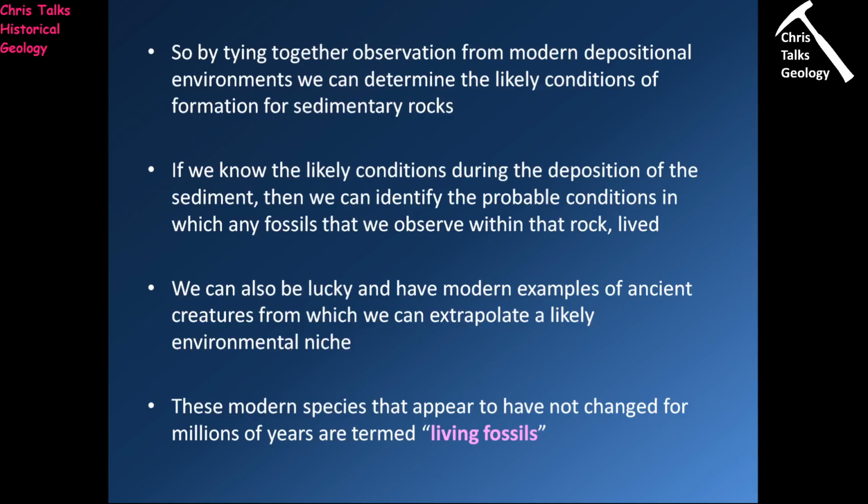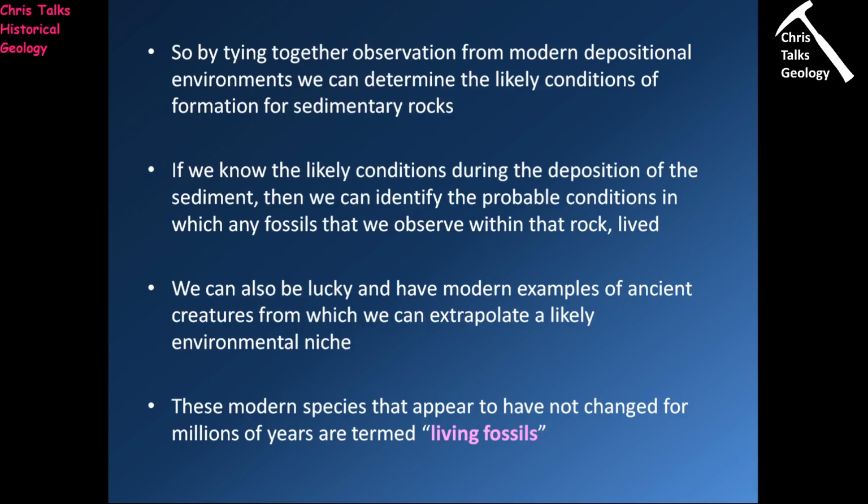The other great thing about them is that if we know the likely conditions during the deposition of the sediment, then we can identify the probable conditions in which any fossils within that rock would have lived. So once again, if we have our rock, which you've just discovered was part of a delta sequence, and we have fossils in it, we can say, right, clearly this particular animal liked to live as part of a coastal sequence associated with rivers depositing sediment.